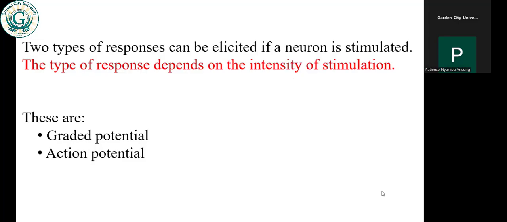If the intensity of the stimulus is not high, the signal can be generated within the dendrites and the cell body, remains there, and eventually dies out. If the intensity is high, then it can cross to become an action potential along the axon.